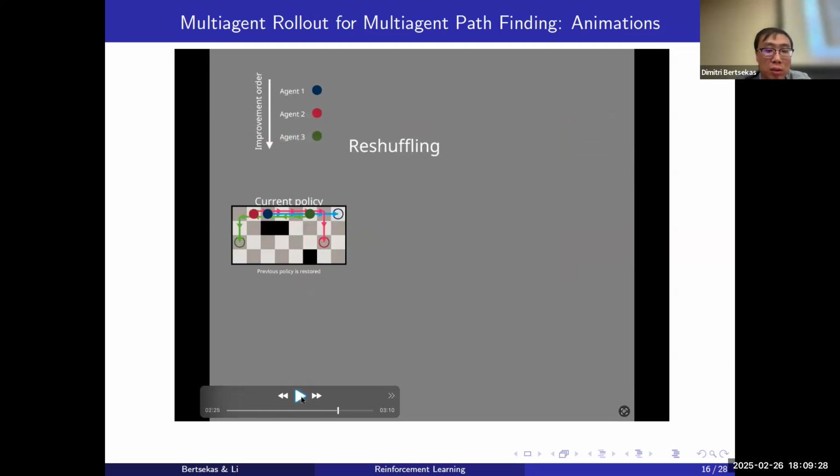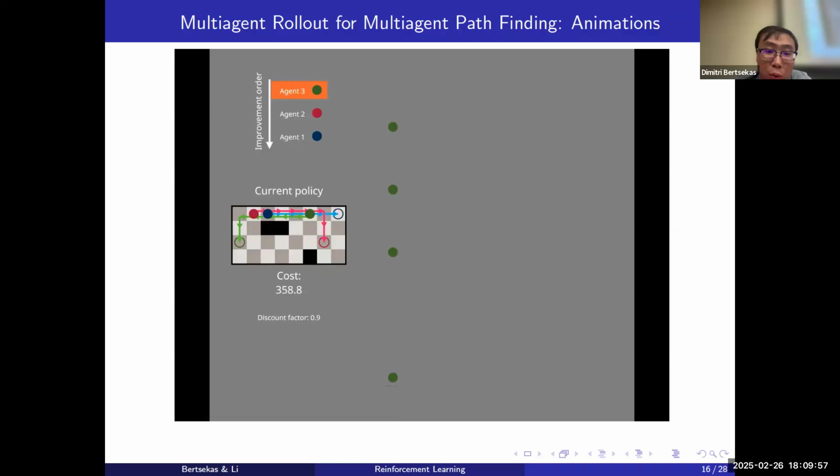So let's randomly reshuffle the order in which the agents are optimized. And in this particular case, as I mentioned earlier, start from the last agent. For the last agent, you can see its feasible actions are going left, right, and down. But like in the case when the agent order was 1, 2, you did only one step look ahead. So I will get back there shortly.